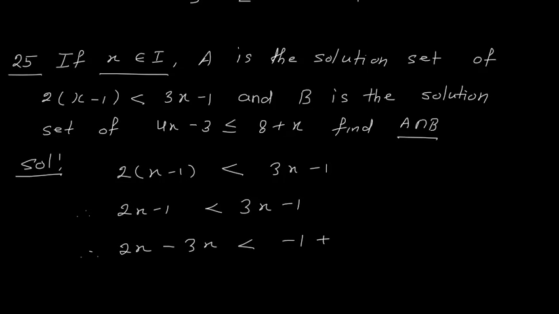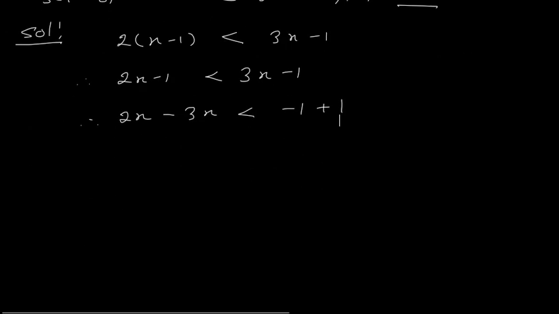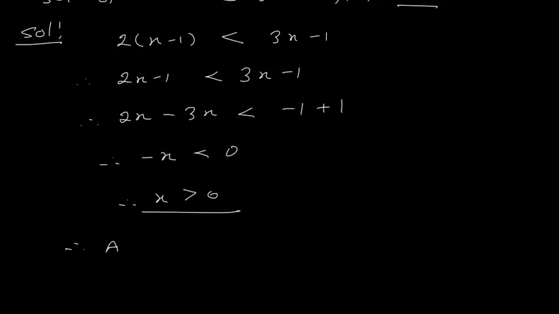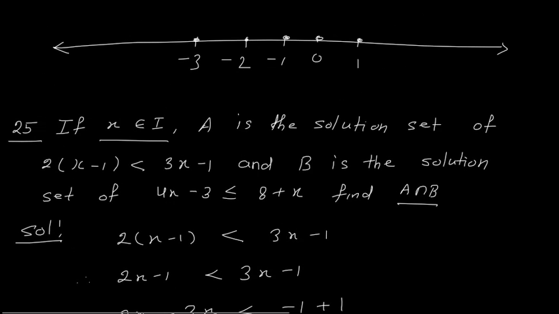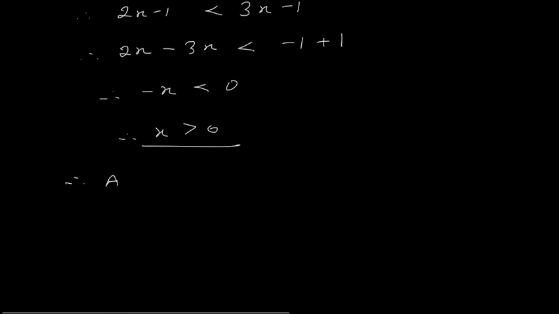Therefore 2x minus 3x, which is minus x, is less than 0. Therefore x is greater than 0. So for set A, since x belongs to integer, A is equal to the set 1, 2, 3, 4, and it will continue.